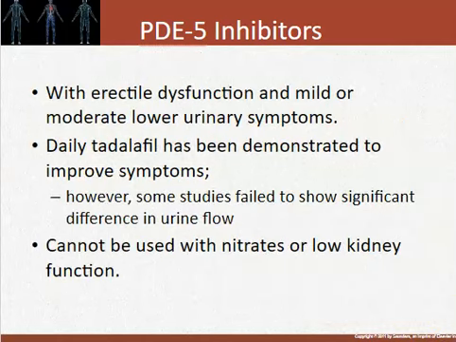In the context of BPH and its associated symptoms, we can see the clinical use of tadalafil to improve symptoms. And so in patients that have BPH with erectile dysfunction, as well as mild to moderate lower urinary tract symptoms, tadalafil is actually a pretty decent add-on therapy. It'll improve symptoms.